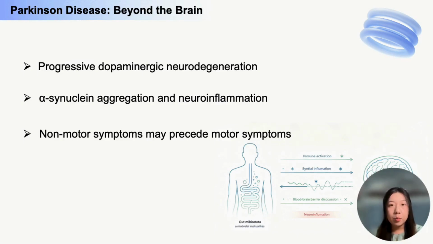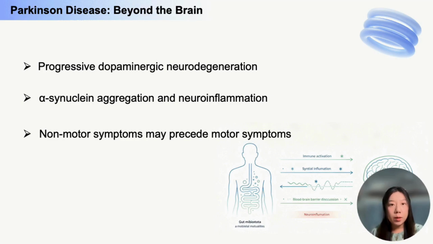Parkinson disease is a progressive neurodegenerative disease. It's marked by dopaminergic neural loss and motor symptoms. But PD is not only a brain disease. Many patients also have non-motor symptoms. Gastrointestinal symptoms such as constipation may appear before motor symptoms.